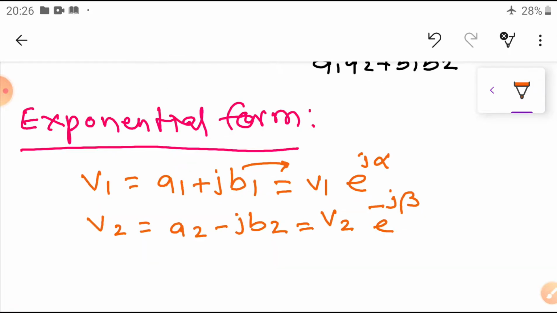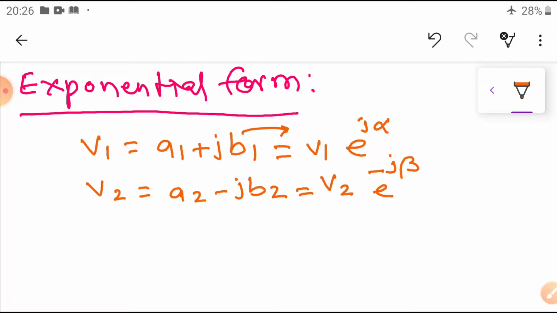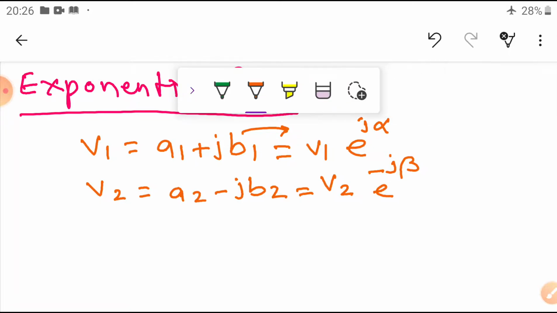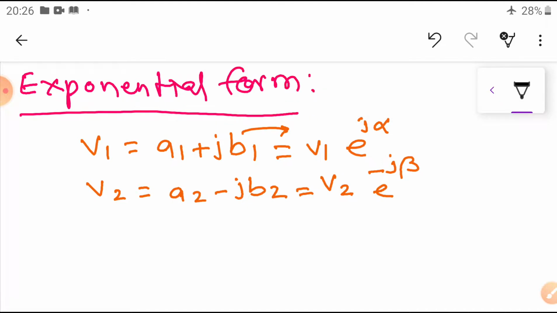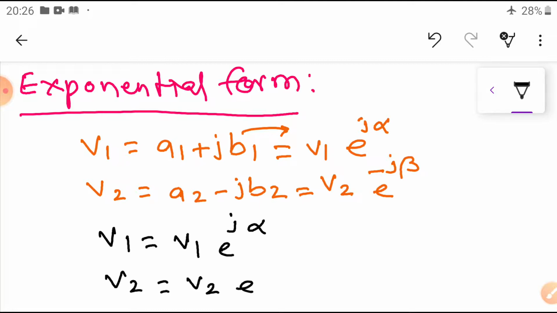Okay. So, that means here what we are going to get. Now, V1 is equal to V1 e to the power of j of alpha, V2 is equal to V2 e to the power of minus j of beta. So, these are calculated values, do not worry, alpha and beta are just two components.